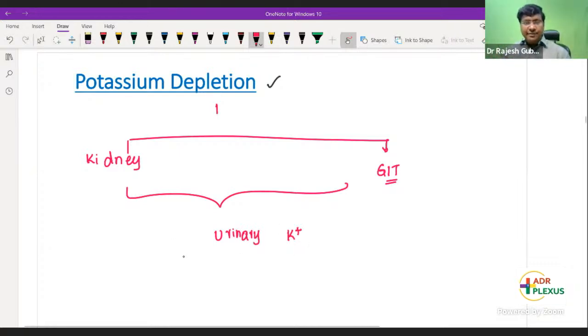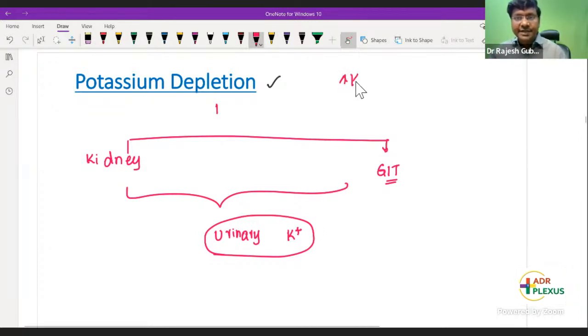Now, the same urinary potassium, if you remember, we have discussed even in hyperkalemia also. I'm trying to compare hyperkalemia etiologies with the hypokalemia etiologies. Please tell me, what will be the urinary potassium levels if the hyperkalemia is due to renal impairment? Very good, Vishnu. Excellent.